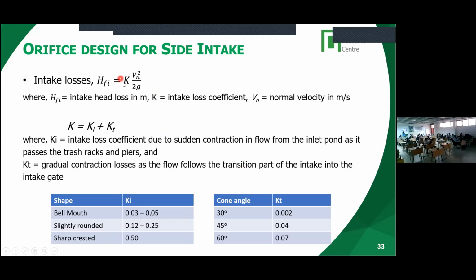The formula used is the intake head loss, HFI, equals K times Vn squared divided by 2g, where Vn is the normal velocity in meters per second and K is the intake loss coefficient. The intake loss coefficient consists of two factors.